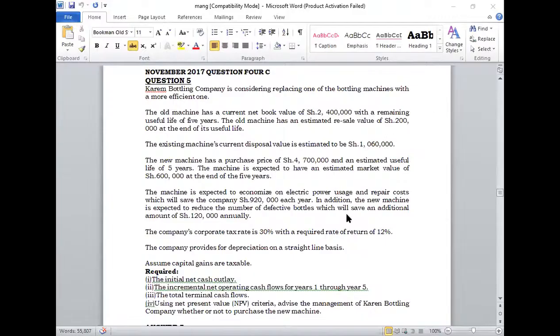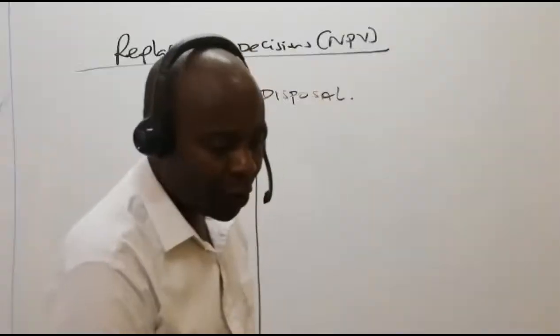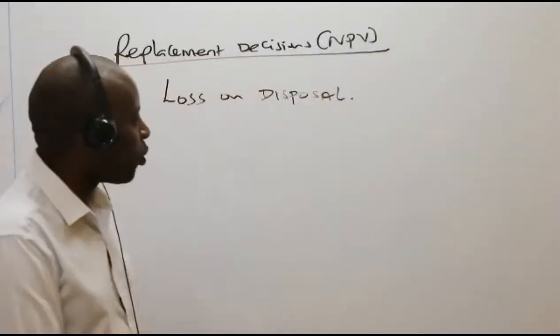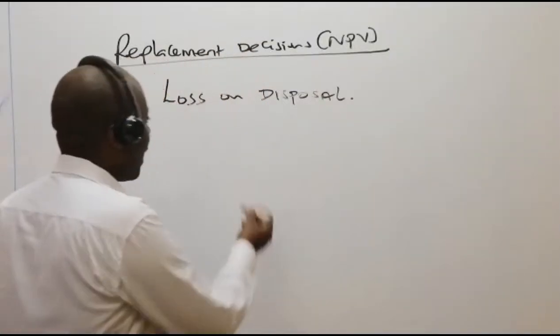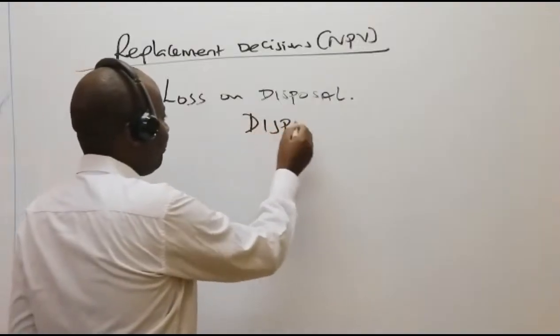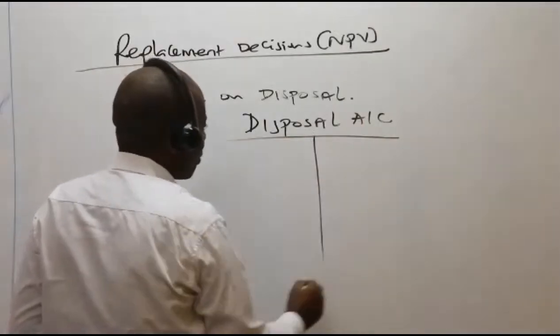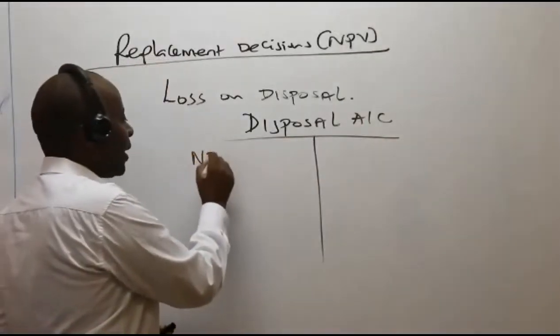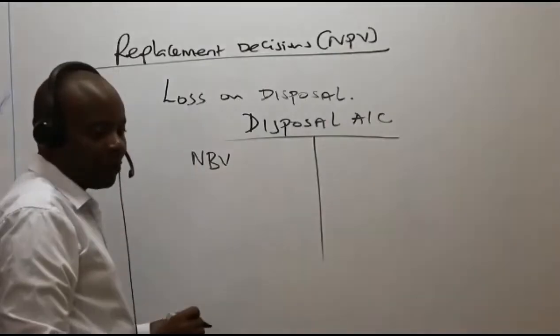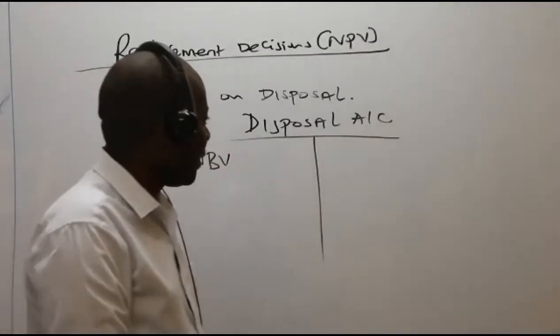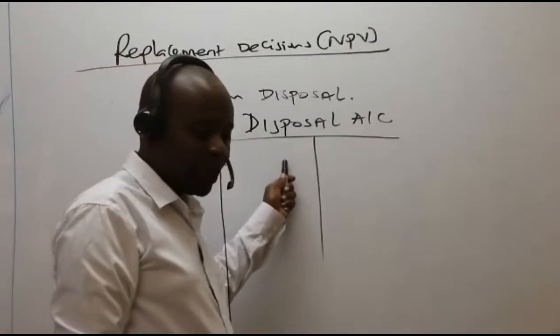So ladies and gentlemen, listen. Remember, in financial accounting, for you to be able to get that loss on disposal, you would have done a disposals account. This is how you do it in CPA. Financial accounting. Disposals account, you start by debiting this account here with the net book value of this particular machine.